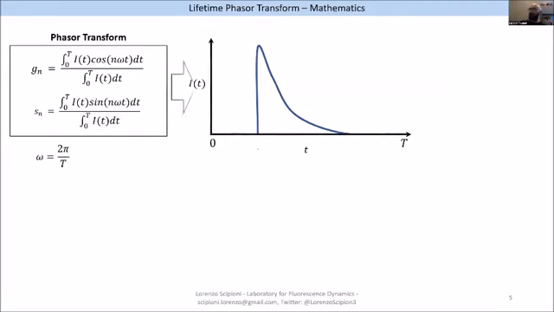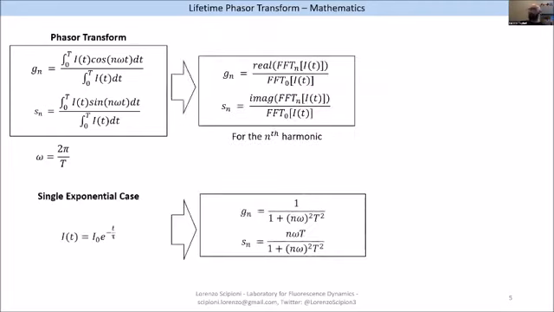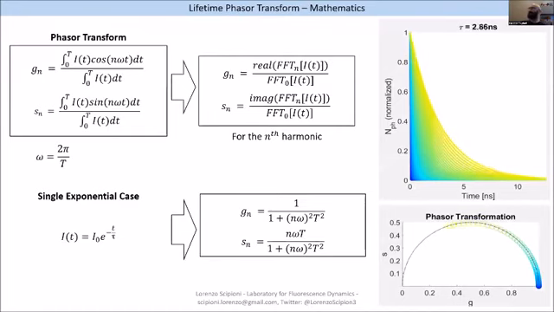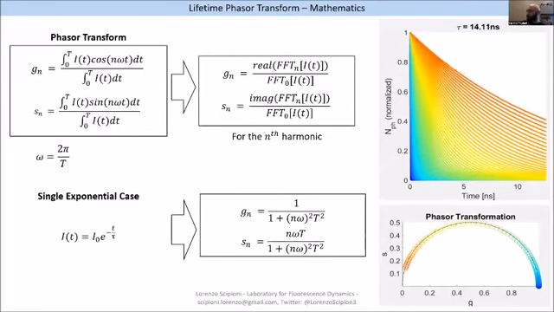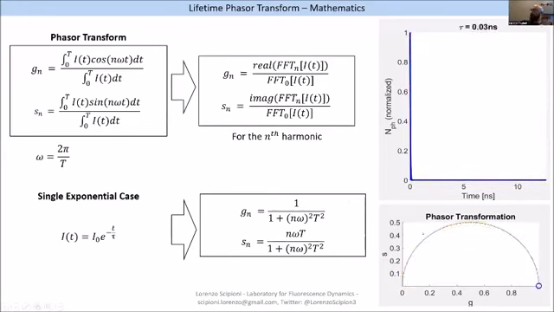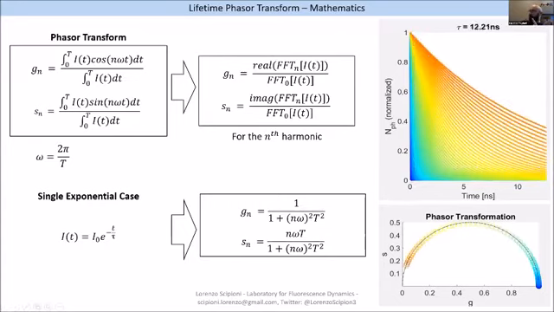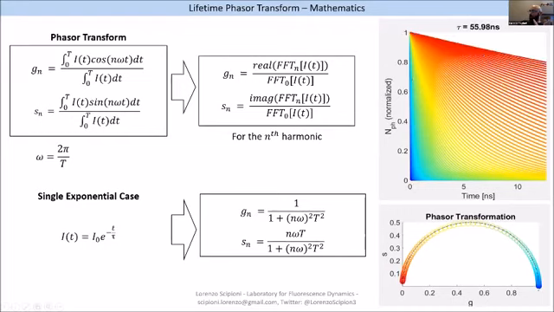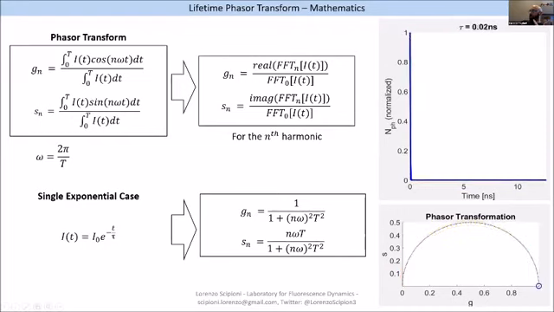So let's skip a little bit the mathematics. You must have seen it 1,000 times in this workshop. But basically, let's go to the pictures. So what you see here is what happens when you transform a lifetime decay into the Phasor. If you have a very sharp fluorescence decay, it will be here on the far right side of the Phasor plot.